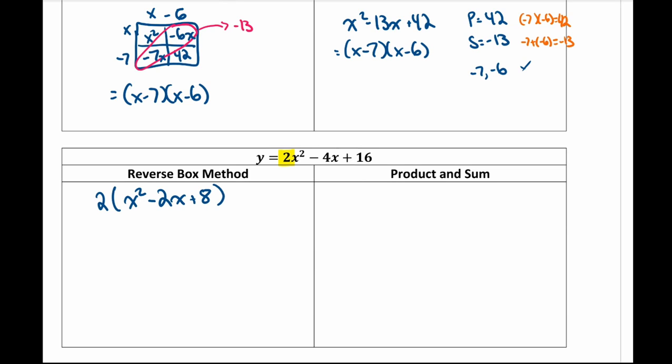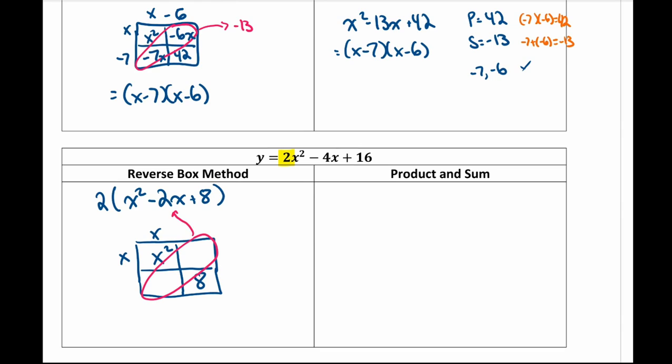Now what I can do is I can factor what's in this bracket. So in the bracket, again, if I'm doing reverse box method, I know x squared has to be first and 8 has to be on the bottom. So we get x and x. So now I'm looking for two numbers that multiply to 8 but also add to negative 2.